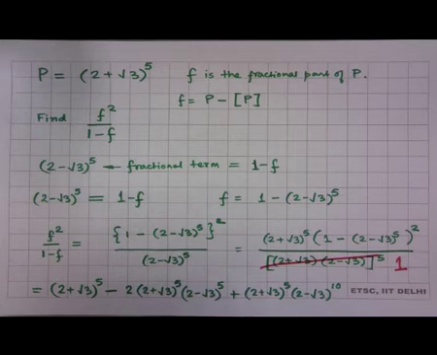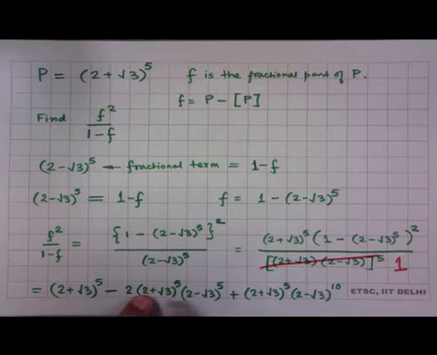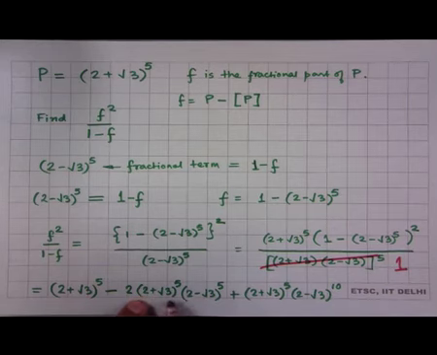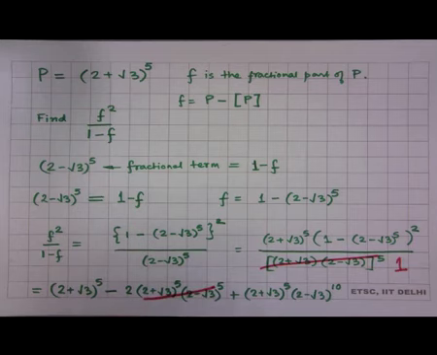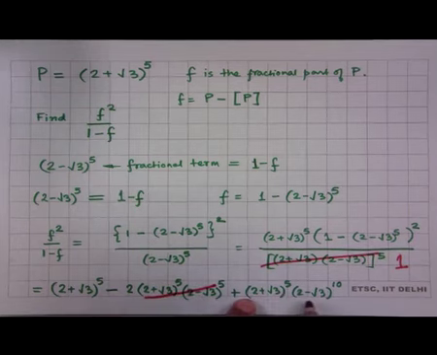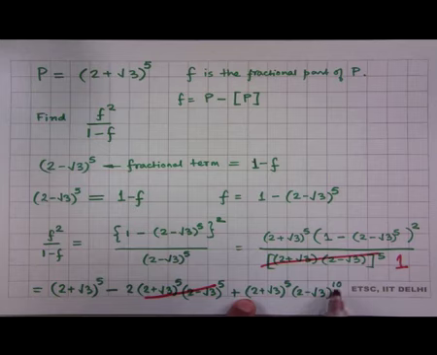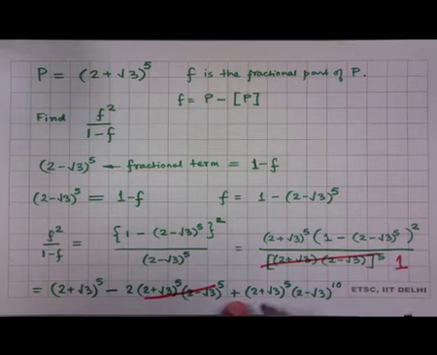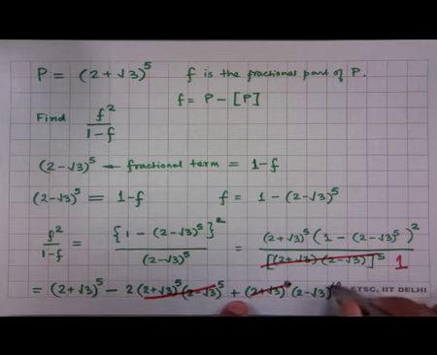But you already know that (2 plus root 3) times (2 minus root 3) is 1. So, ((2 plus root 3) times (2 minus root 3)) whole power 5 is 1, correct. So, (2 plus root 3) whole power 5 and (2 minus root 3) whole power 5 will cancel out. So, this is what will remain.